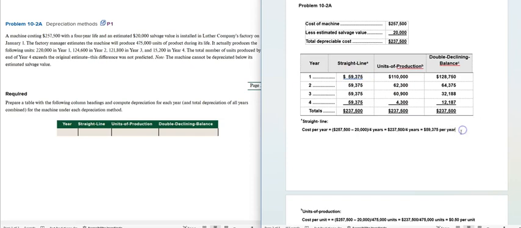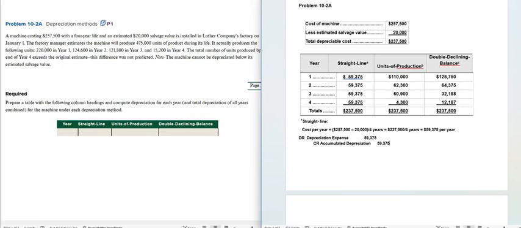So in year 1, my adjusting entry would be to debit depreciation expense for $59,375, and I would then credit accumulated depreciation for $59,375. At the end of year 2, I would need to record another year's worth of depreciation.